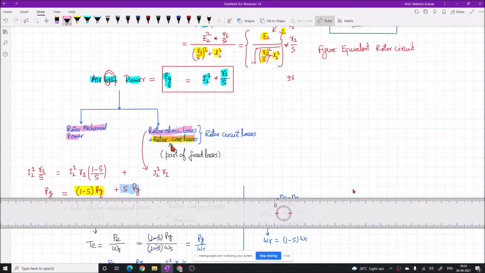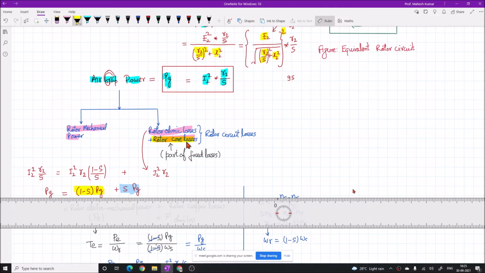So basically rotor electrical losses, you can say, because the rotor has two parts of the structure. Number one is the electrical circuit, another is the mechanical system. So electrical system and mechanical system both are involved with the rotor design. There are electrical quantities and the rotation, there are mechanical quantities. So rotor electrical losses plus rotor mechanical power makes this air gap power.